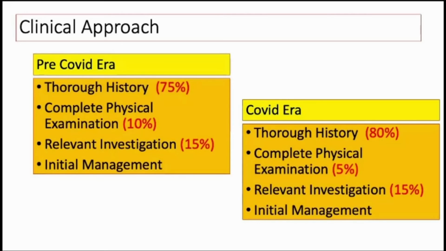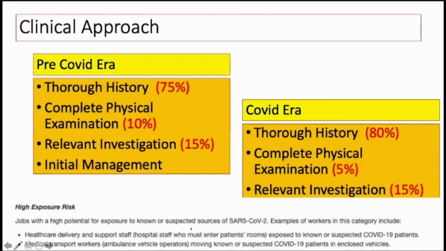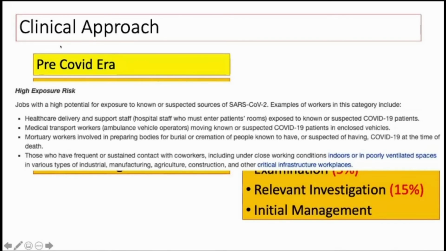Our complete physical examination now comprises only 5% of what we can do with the patient. A thorough history now becomes the main thing that we have to gather from the patient. And of course, the relevant investigations have to be done further, as before.